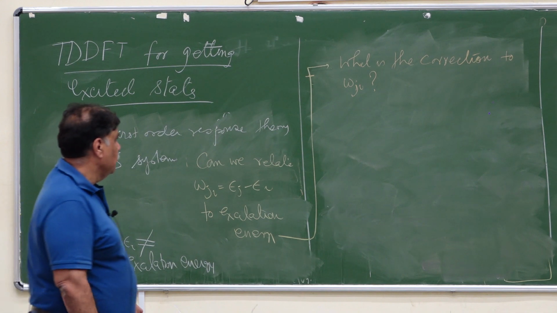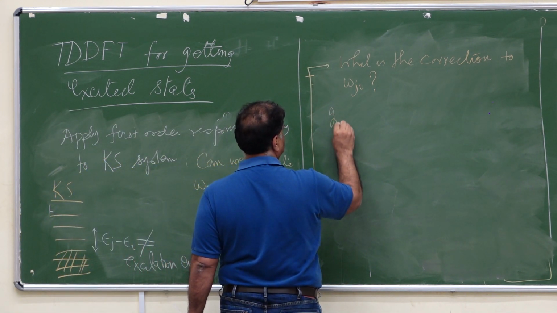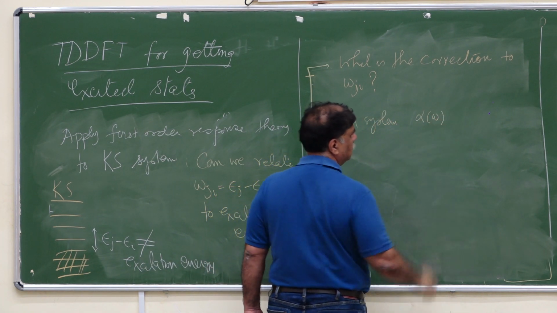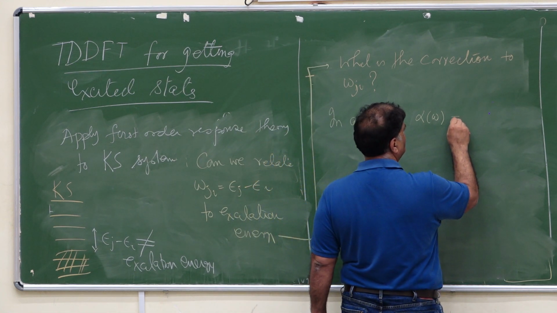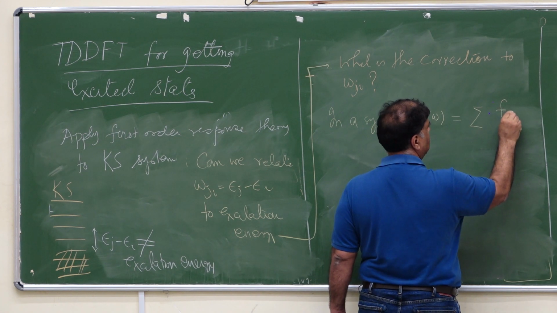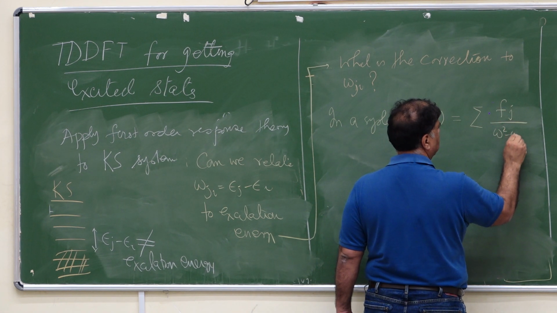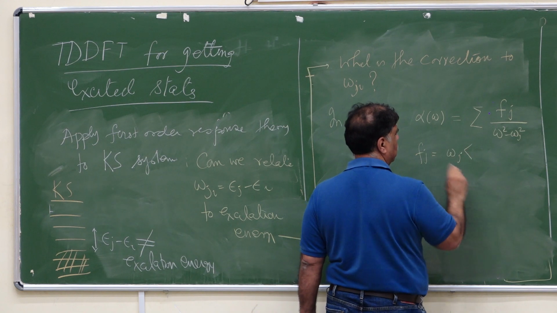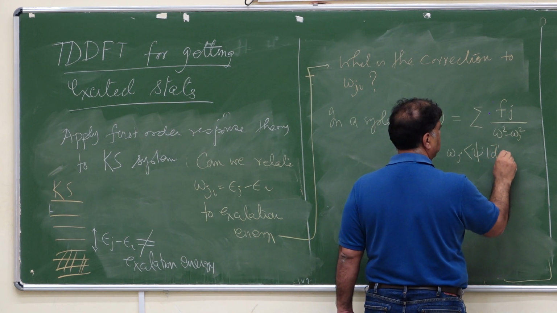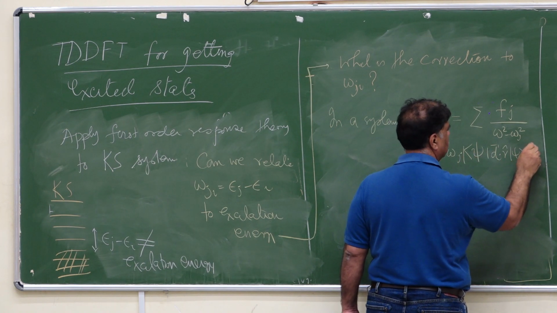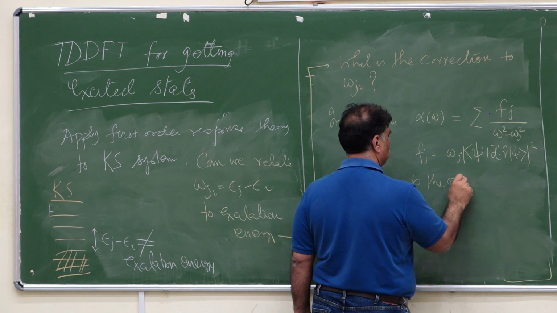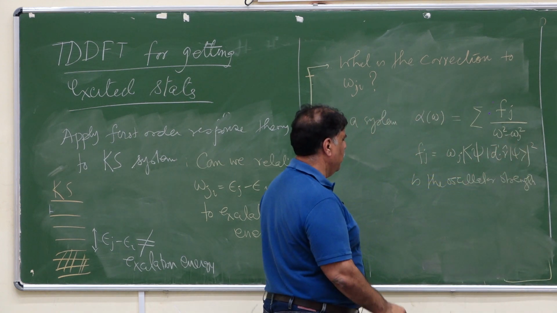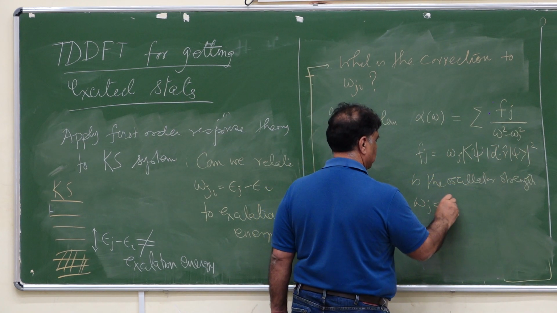So the idea is that in a system, the polarizability alpha is equal to summation f j over omega squared minus omega j squared, where f j, the magnitude of psi, dipole moment operator, psi, all squared, is the oscillator strength, and omega j is the excitation frequency.